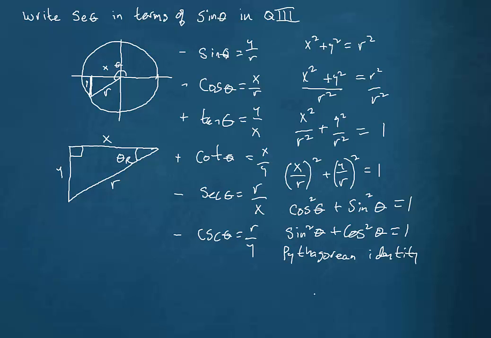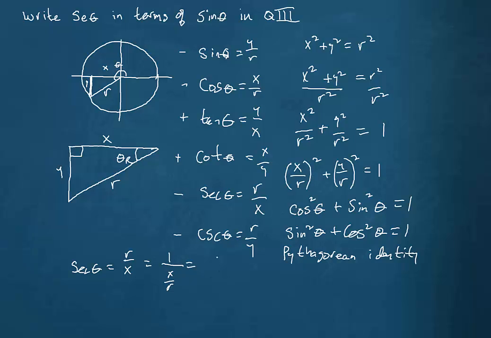We're also going to use another fact, and that is the fact that the secant is just the multiplicative inverse of the cosine. So in other words, we can write the secant of theta, which is r over x, as 1 over x over r. Remember, when we divide with fractions, we invert and multiply, so these two things are the same.